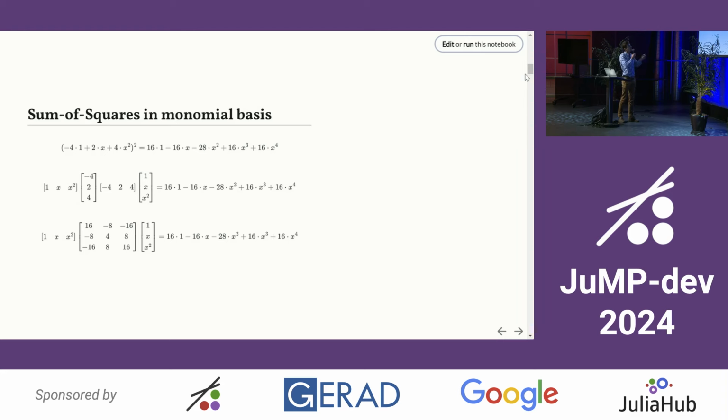Now this square, you can rewrite as this product of matrices. And this is simply a rank 1 matrix, so it is PSD and also rank 1. If you forget about the fact it's rank 1, you can basically just try to find here a PSD matrix such that when you multiply this PSD matrix by this vector of monomials, you get this.